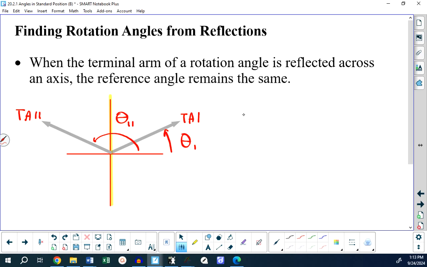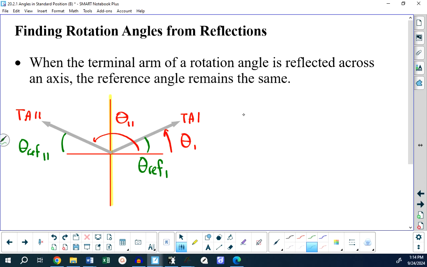Correct? Always from the positive x-axis. Except that if I ask you, what is the reference angle? Theta reference for angle 2 and theta reference for angle 1 are the same. That's all this is saying. That the reference angles will be the same, it's just that it will be in a different quadrant.